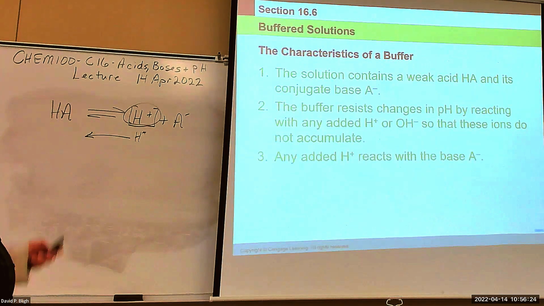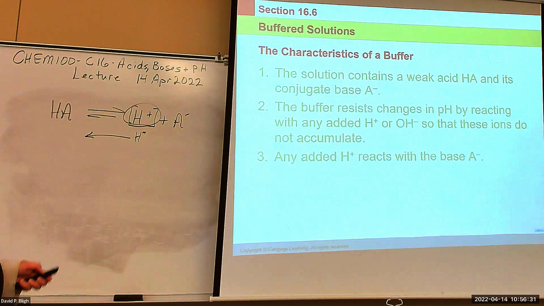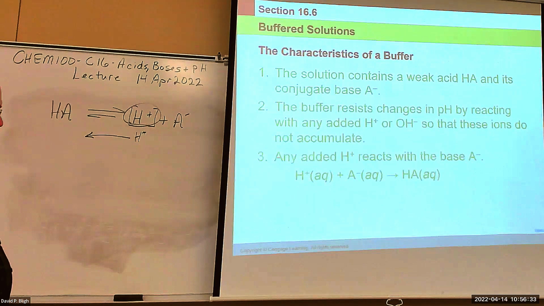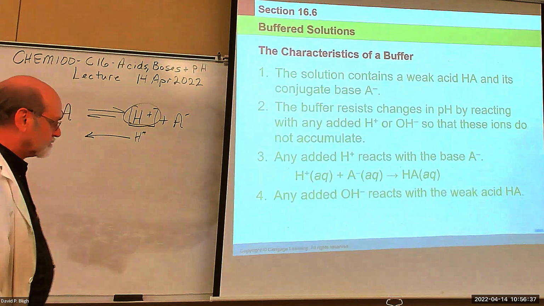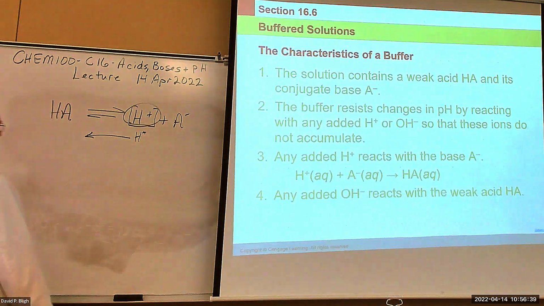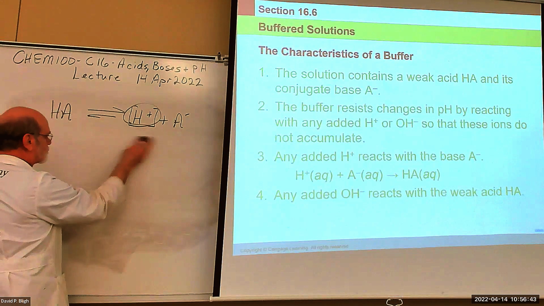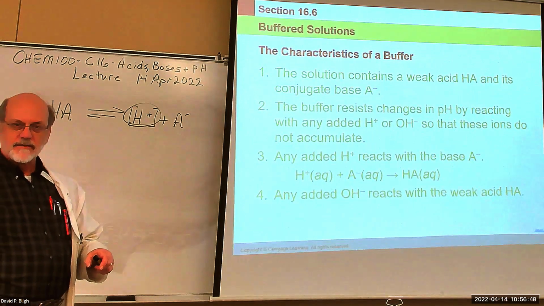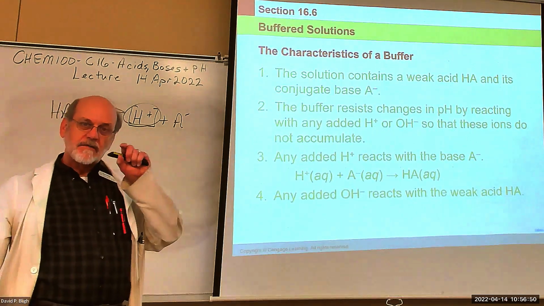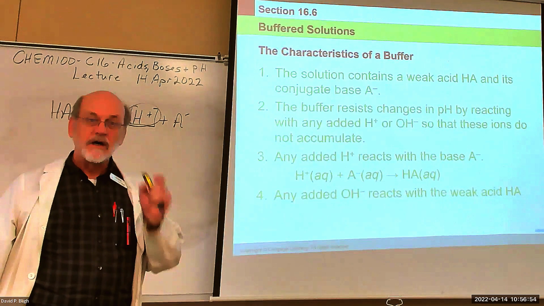Any added hydrogen ions react with the strong conjugate base. Okay. Just like that. How about the hydroxyls? If we add the hydroxyls, what are the hydroxyls going to react with? The hydroxyl is the strong conjugate base of water.